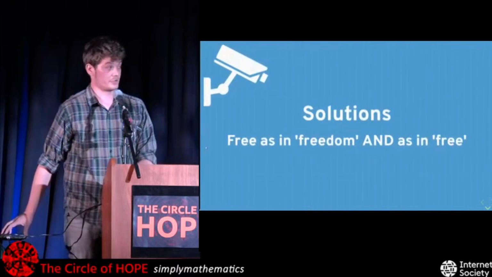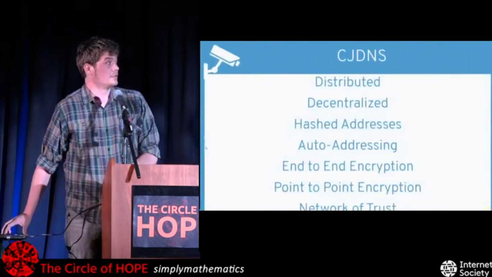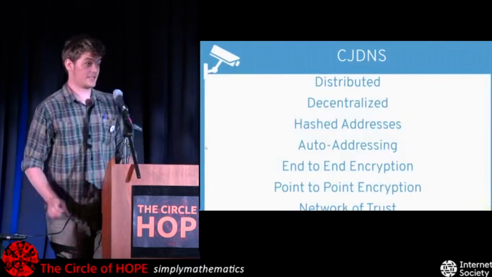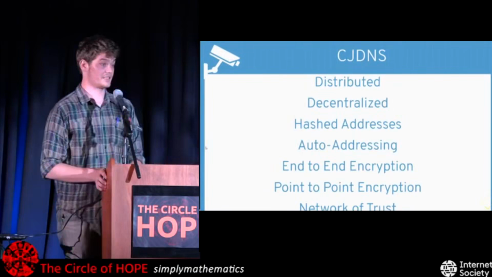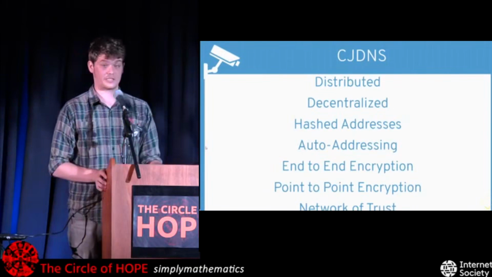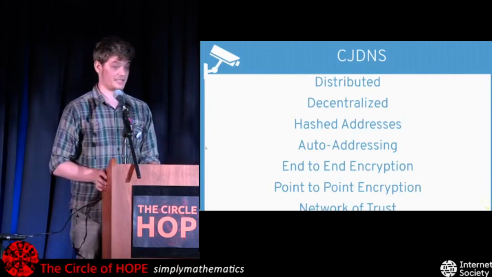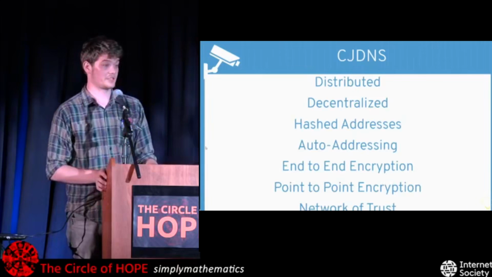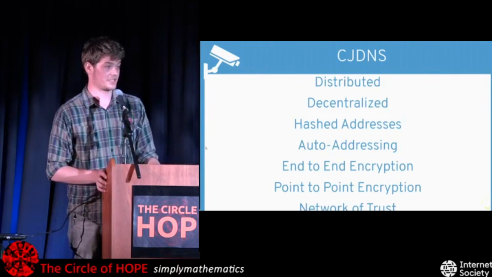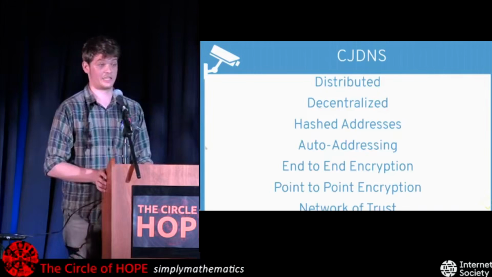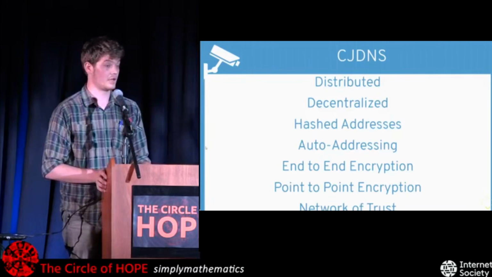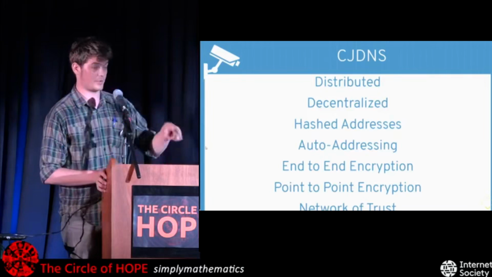Good news is there's some solutions. CJDNS. This is a distributed routing protocol that is absolutely amazing. It's decentralized, so it doesn't require the centralized naming system that DNS does. It uses hashed addresses that are generated randomly by your device, meaning that you don't need a central authority to hand out IP addresses, and it uses IPv6.